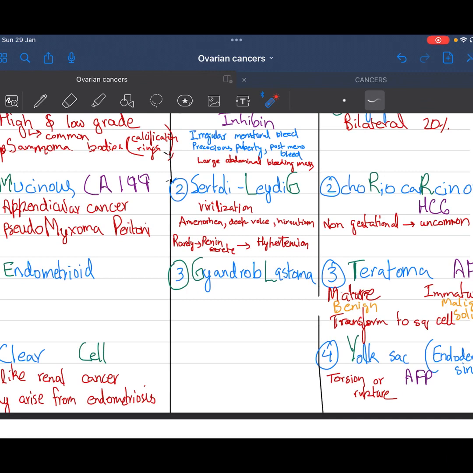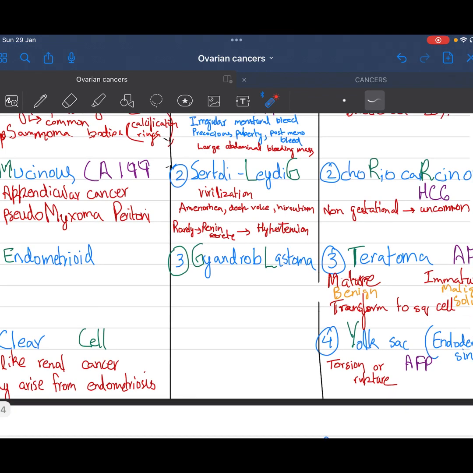Next is teratoma, mature and immature, and it secretes AFP. It can transform to squamous cell carcinoma, and the immature type is the malignant type, with more solid component than fat component. Next is yolk sac tumor, also called endodermal sinus tumor. It can present with torsion or rupture, and AFP is also positive in this one.